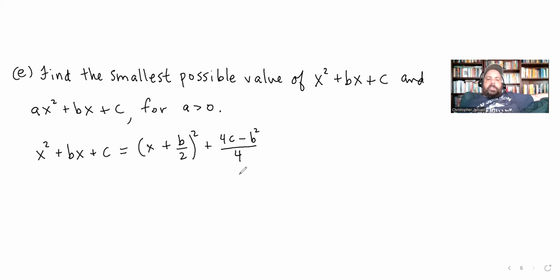Right, so the smallest this can be is when x is equal to -b over 2. So this is always greater than or equal to 4c minus b squared over 4. So that's the smallest value.